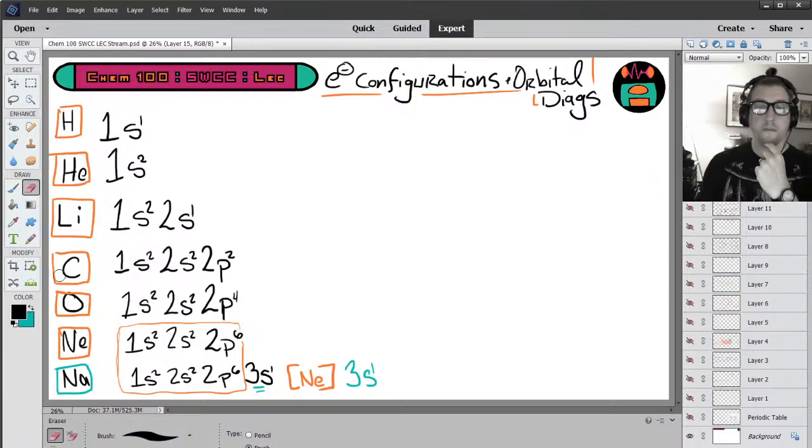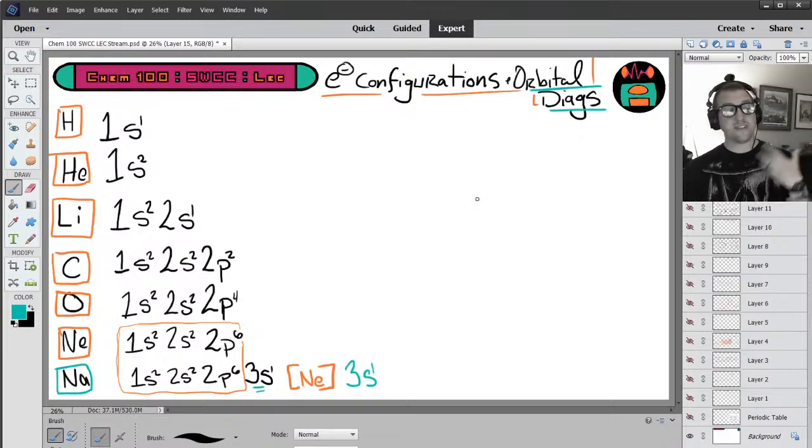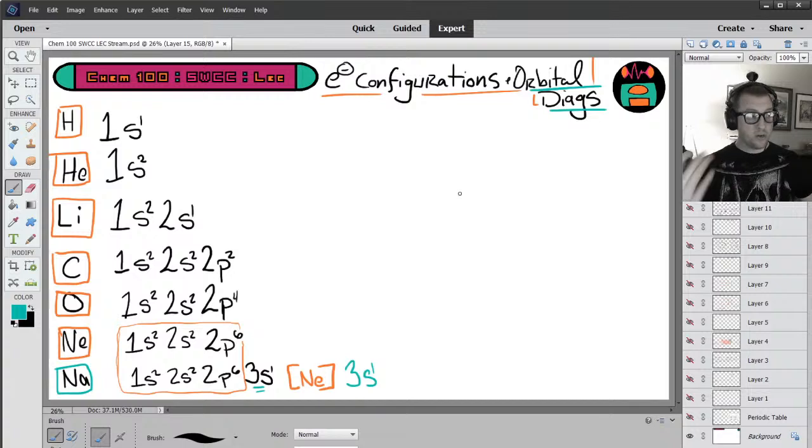All right. Now, an orbital diagram is just another way of depicting the information that an electron configuration already gives us. One isn't better or worse, they're just different names, different ways of depicting the same information.